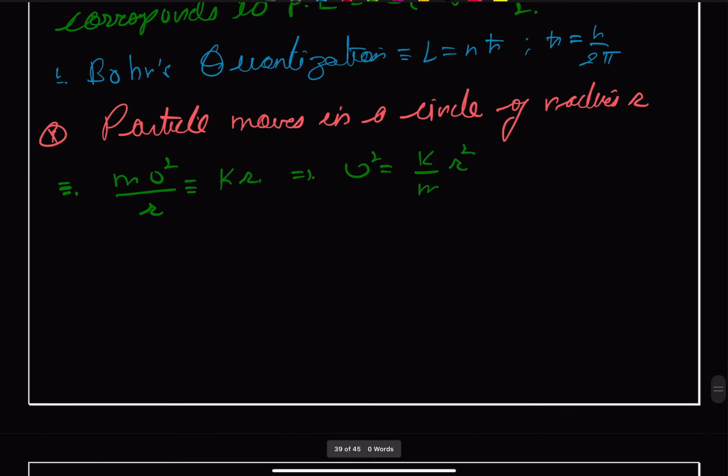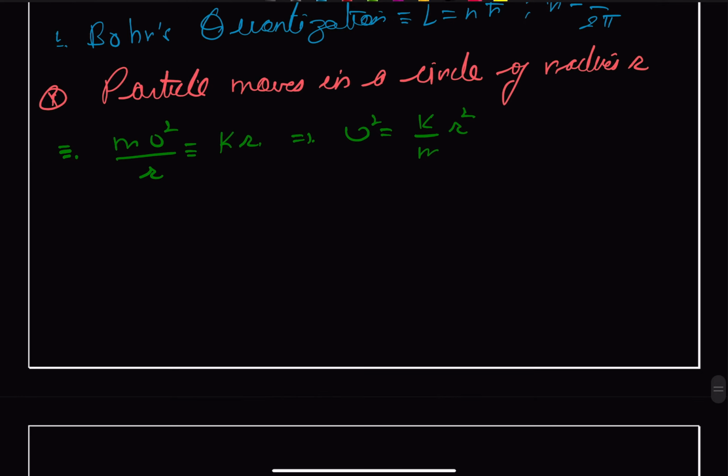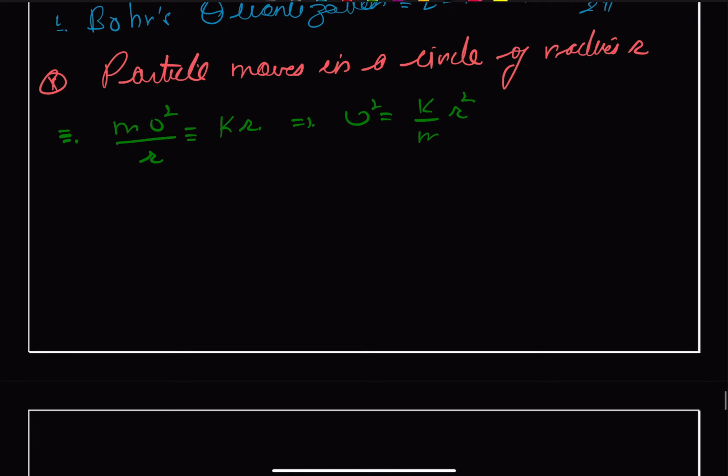Now we can use the Bohr quantization of angular momentum. L can be written as mvr, and it is also given as nħ.